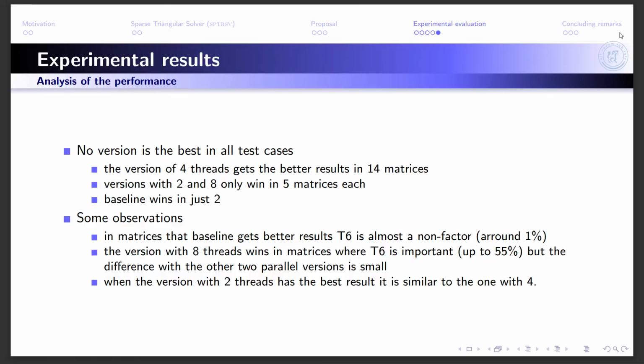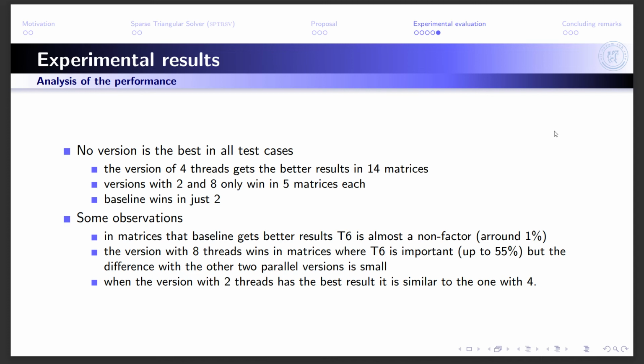As you can see, the version with four threads wins in 14 matrices, and the versions with 2 and 8 are behind with 5 each, and the baseline wins in 2. Some wins are shared. That's why these terms add up to 22.